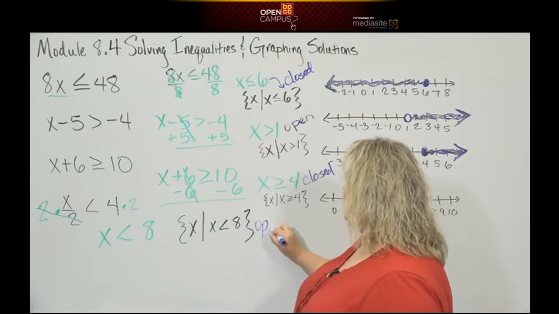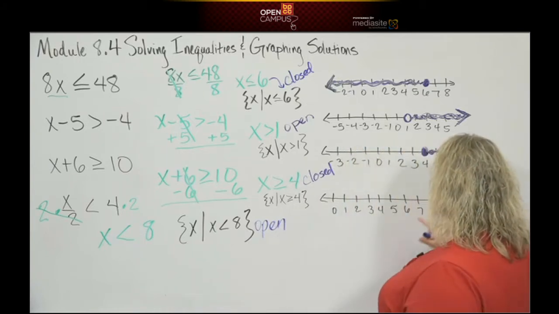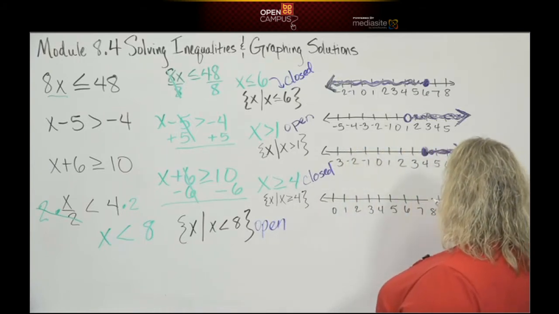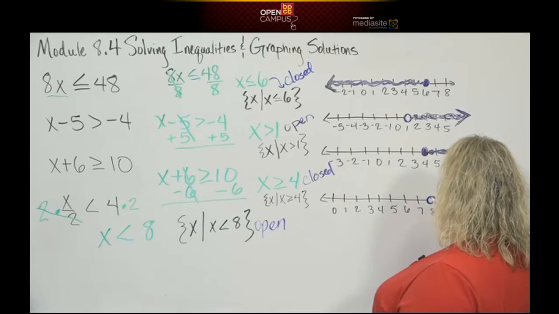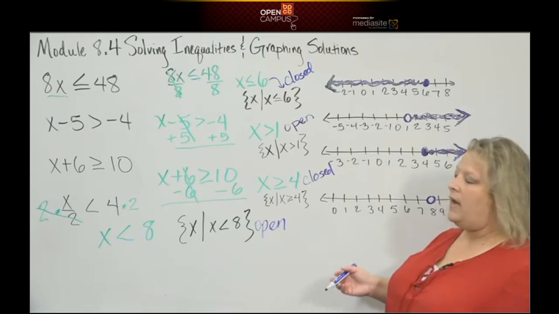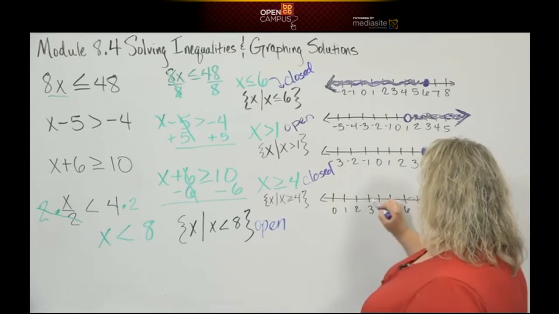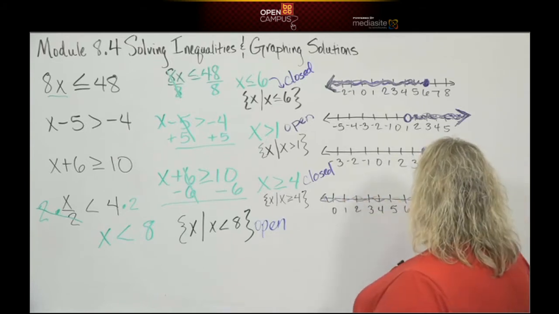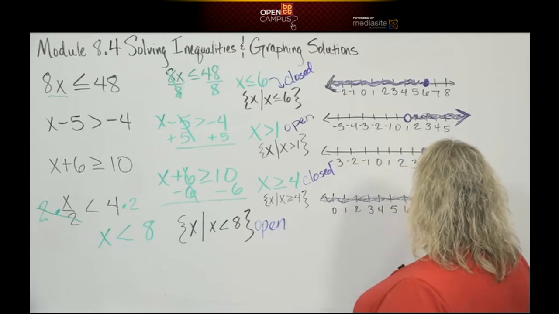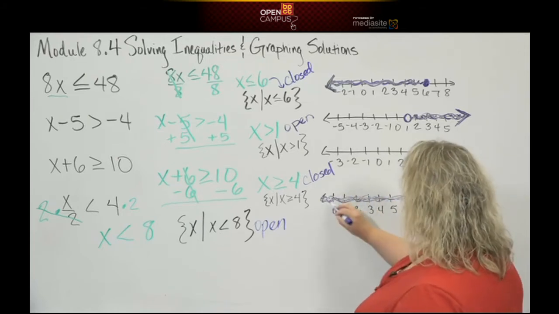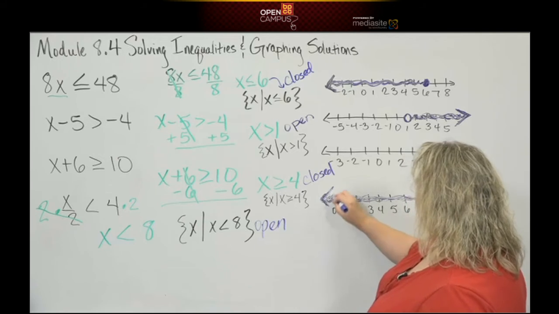It's open. So let's go to 8. Again, I'm going to erase just so that you can see that that's an open circle. You obviously don't have to do that. And then we're going to shade less than. Less than shades left. So that would be all of that down here. And we put our arrow signs, okay?